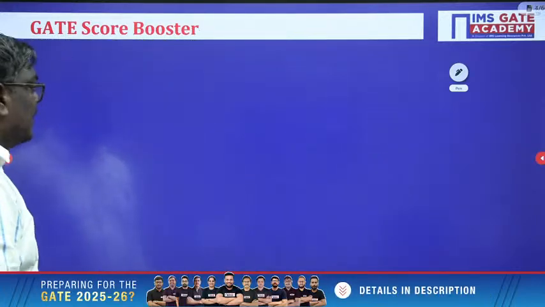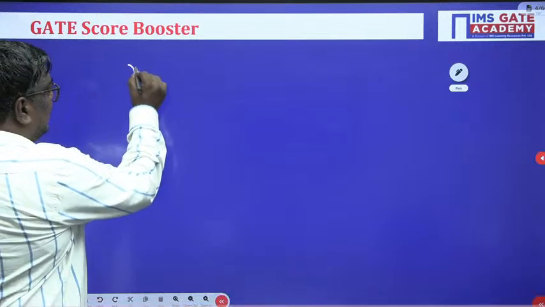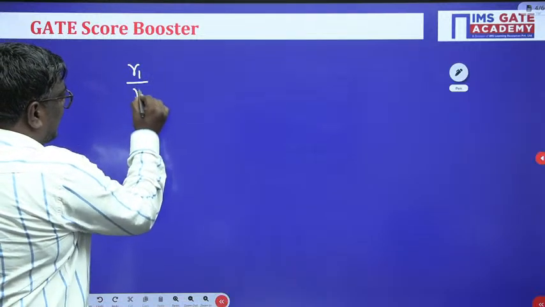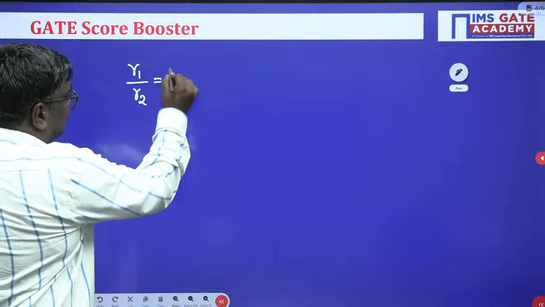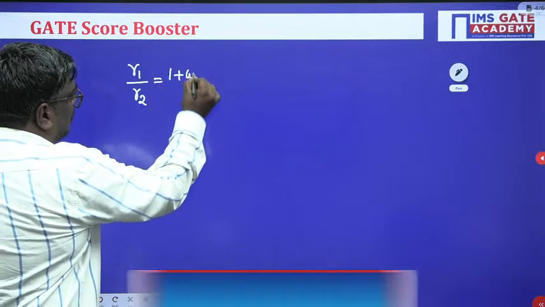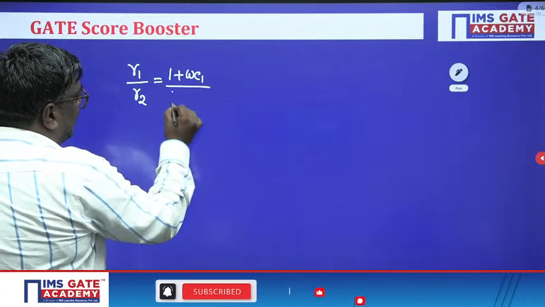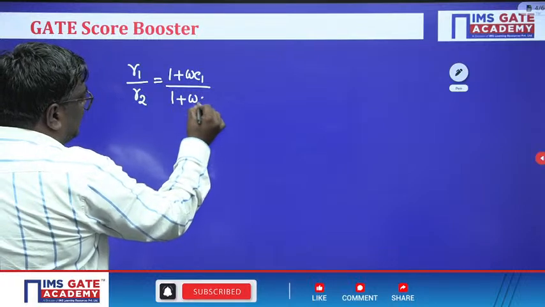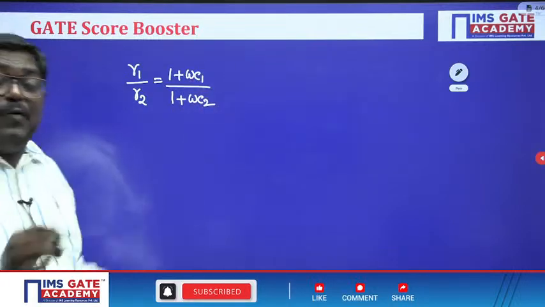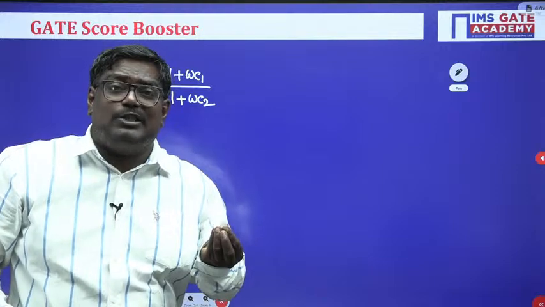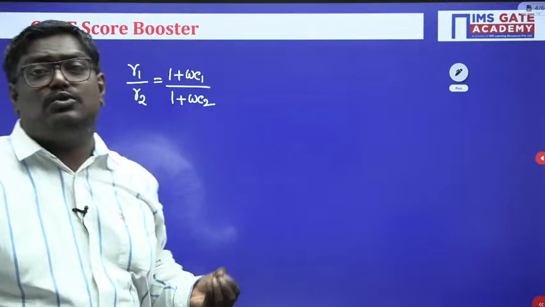Now if I write the equation, gamma 1 by gamma 2 equals 1 plus water content 1 upon 1 plus water content 2. Agree? So when can you write this equation? When the void ratio is constant.